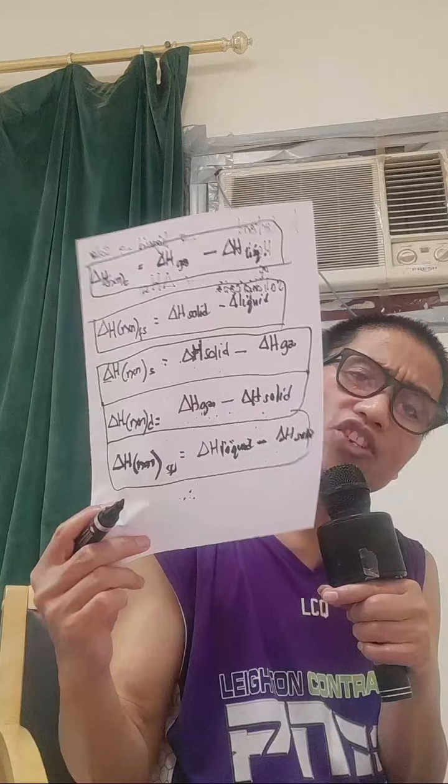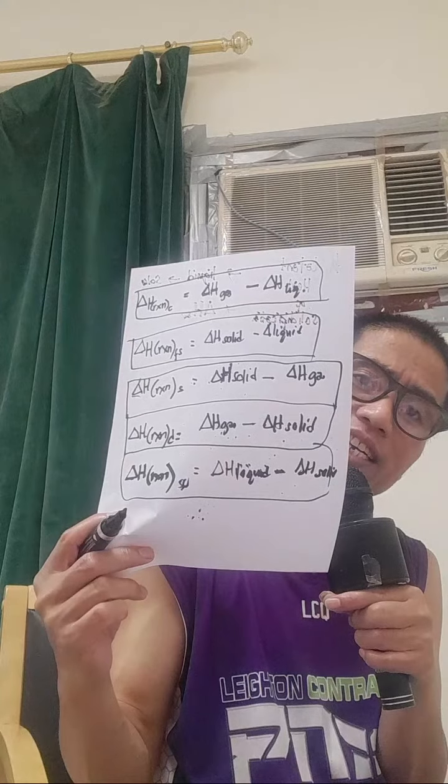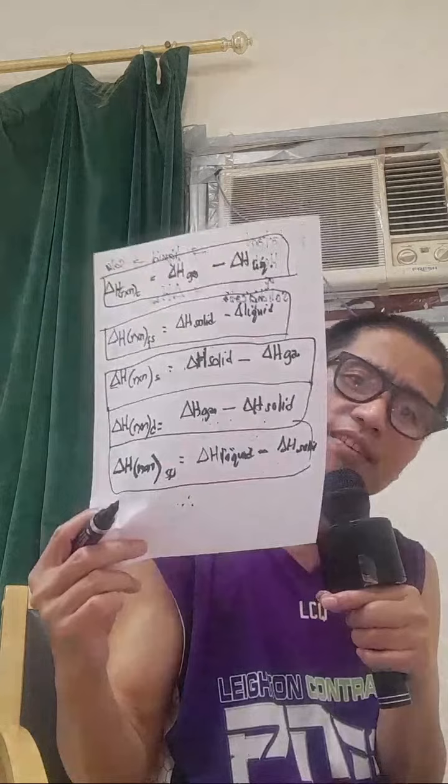We put only the phases. But if the problem says, for example, aluminum chloride, then put also the aluminum chloride there, and put the subscript G for gas to make it easier, and put the subscript S for solid. So S for solid, L for liquid, G for gas, in small letters.